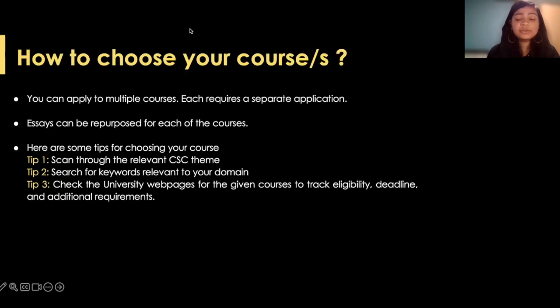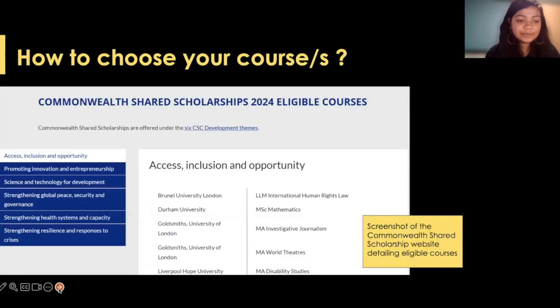Because let's say 2 different universities are offering the same course, Sussex and etc., for example, they'll always have different modules that they want you to take to go through a certain course, right? So it's a good idea to go through the modules so that you can understand if this specific course aligns with your goals, if that is what you want to study throughout your course in the UK.